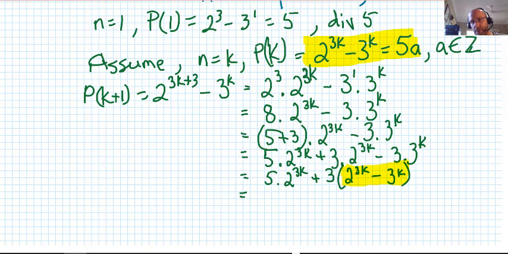So you can see that we now have something that involves the 5 with the other term, which as you can see is good news because we have to prove the whole thing is divisible by 5. So what we have there is 3 times 5a.